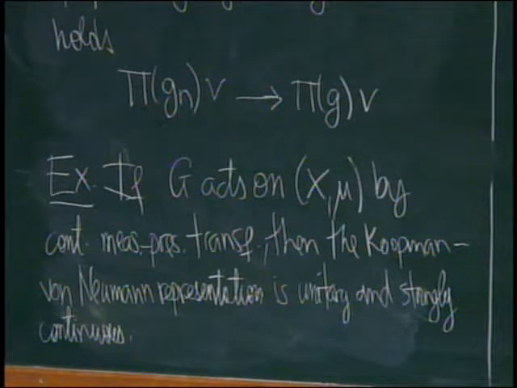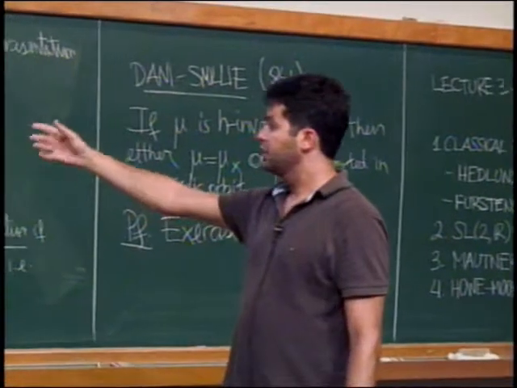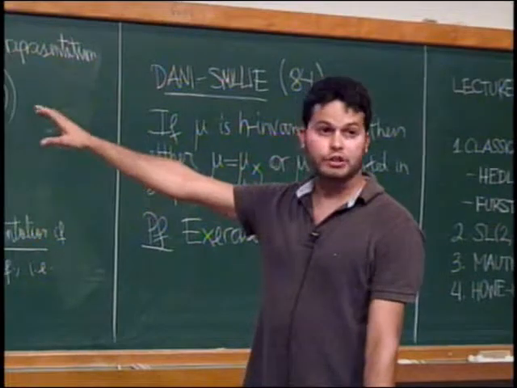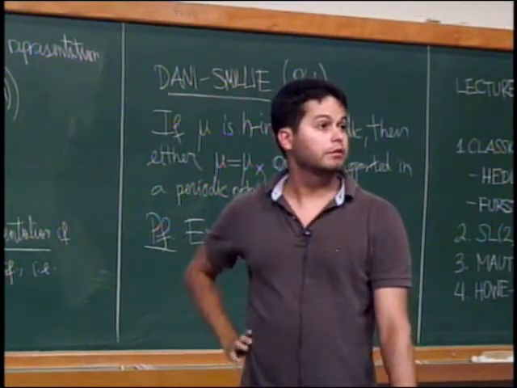Okay. So the good thing about the Koopman-von Neumann operator, in the situation that you have one measure-preserving transformation acting, is that you can translate many properties of the action itself in terms of the Koopman-von Neumann operator, right?